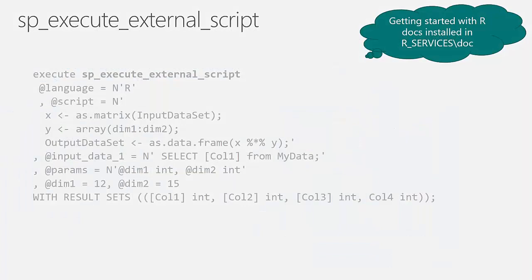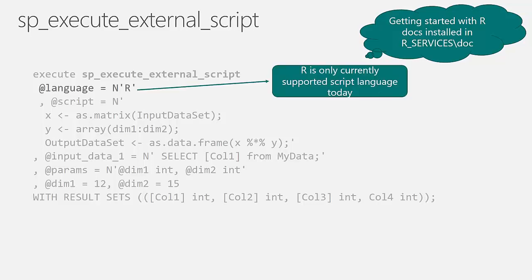So with that, we'll take a quick look at the stored procedure, right? Just the key components of the stored proc. So again, what we built here is really an extensibility mechanism, right? Currently, we have only support for R language, but in future, we'll extend it to other languages like Python, for example, right?